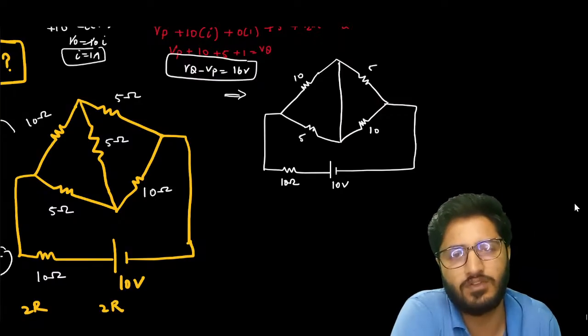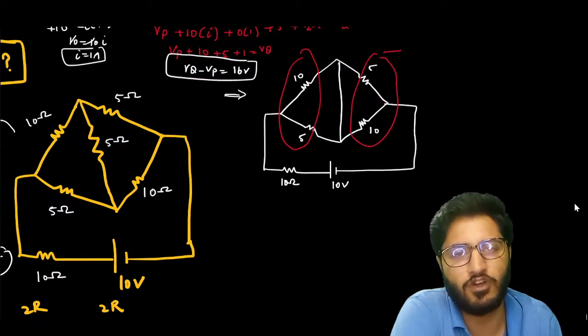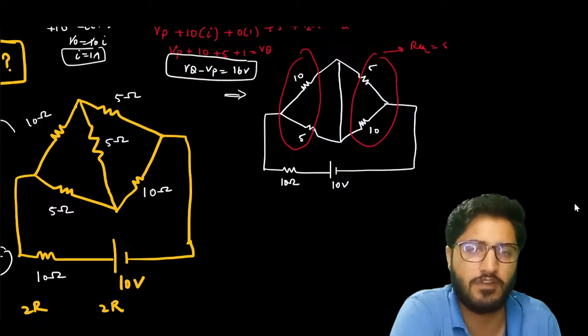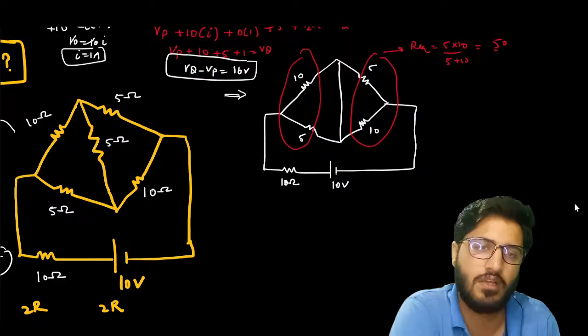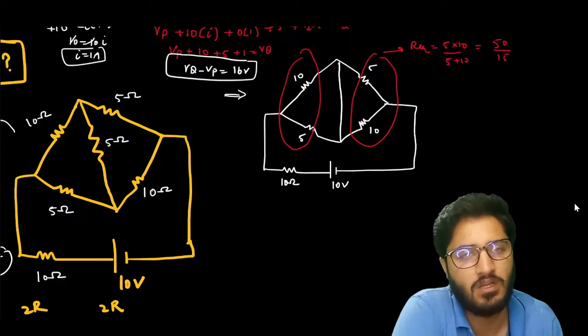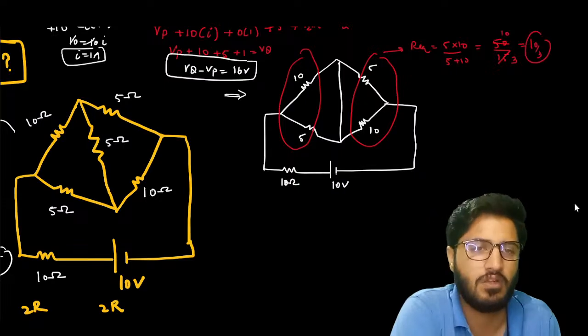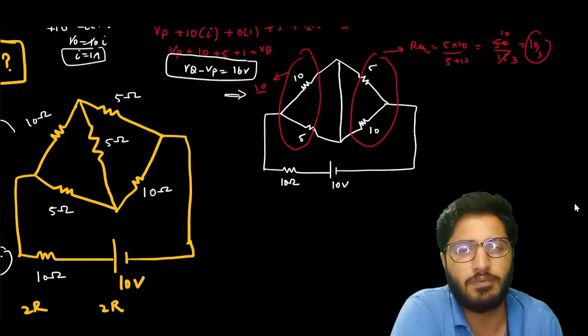So you can see now these two are in parallel, these two are in parallel. So what will be R equivalent for this one? Sir, my R equivalent came out to be 5 into 10 divided by 5 plus 10. It will be 50 by 15. It will be 10 by 3. 10 by 3 for this one, 10 by 3 for this one.